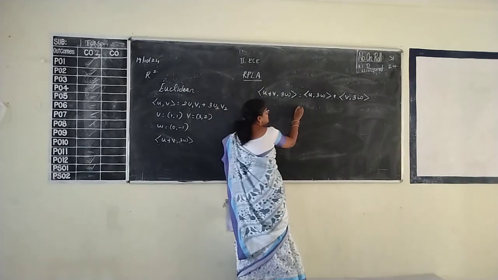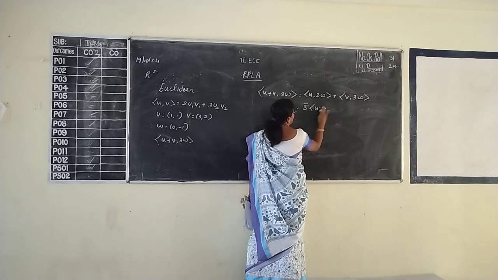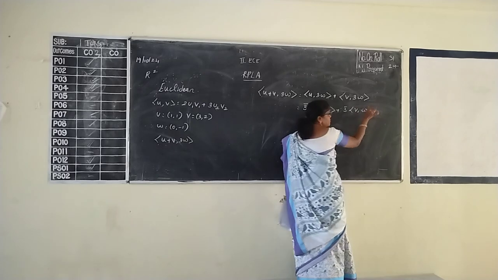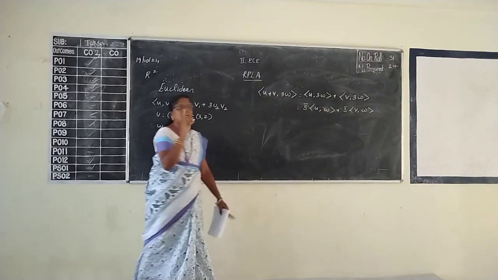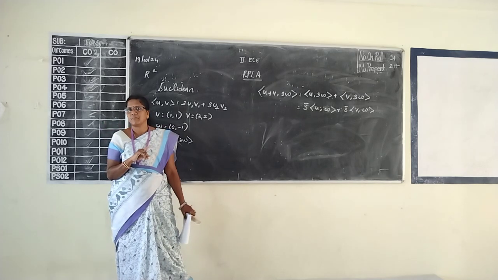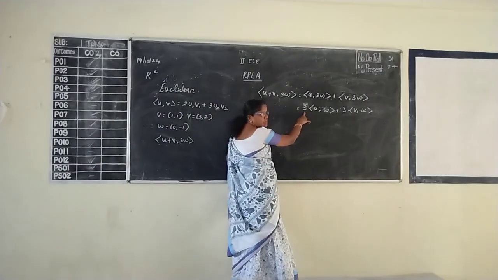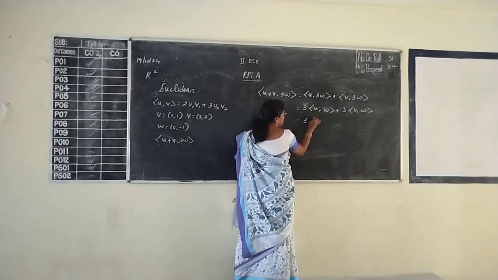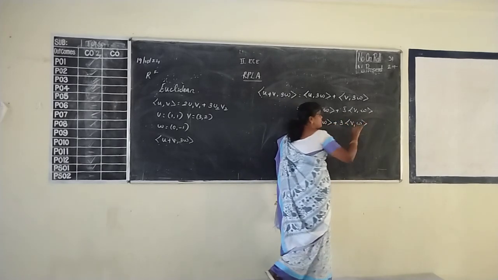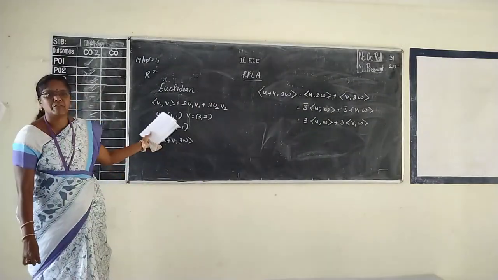When you take 3 from the second term outside, it will become 3 bar into inner product of u comma w, and then v comma w.